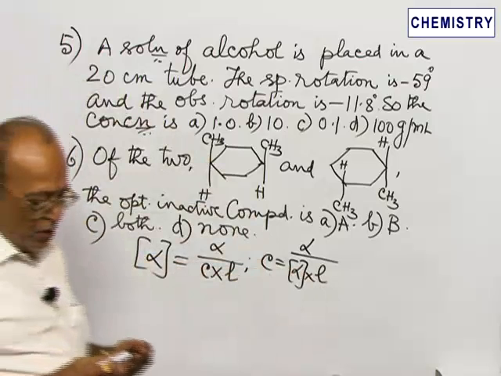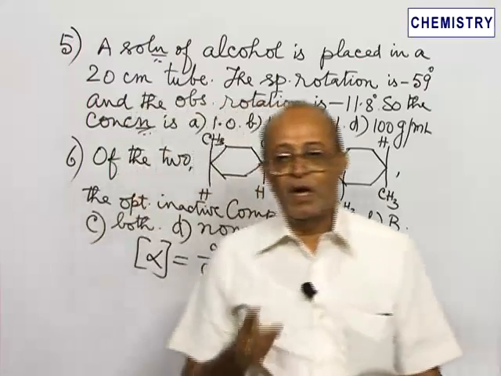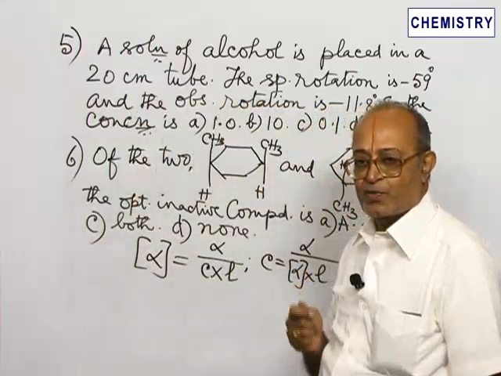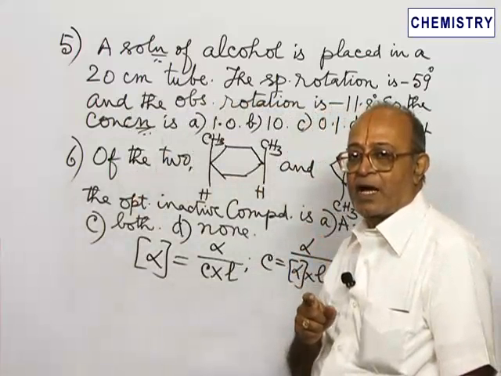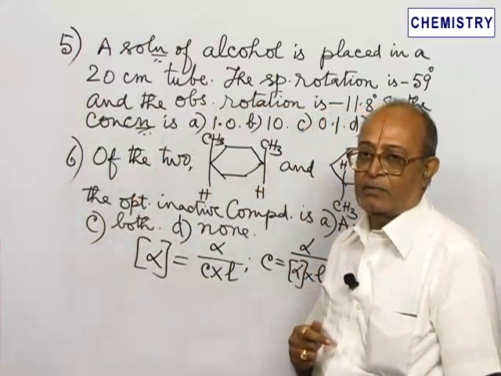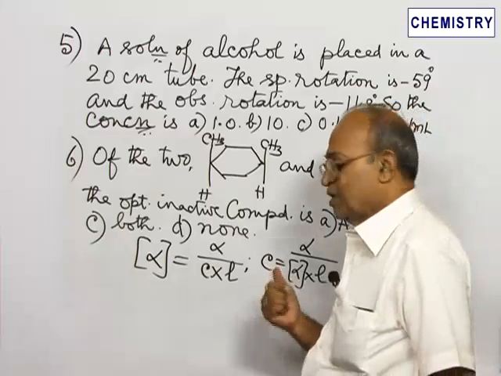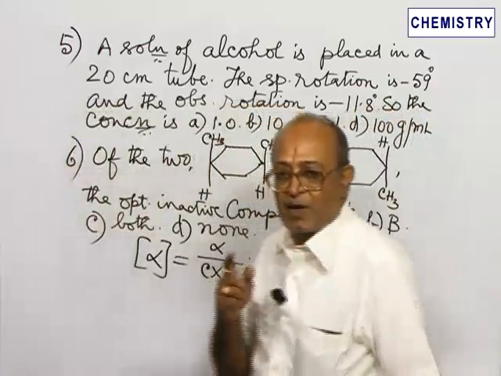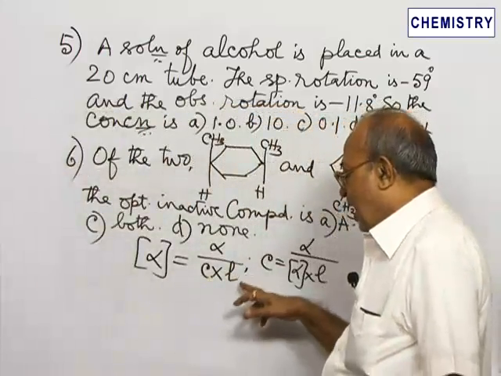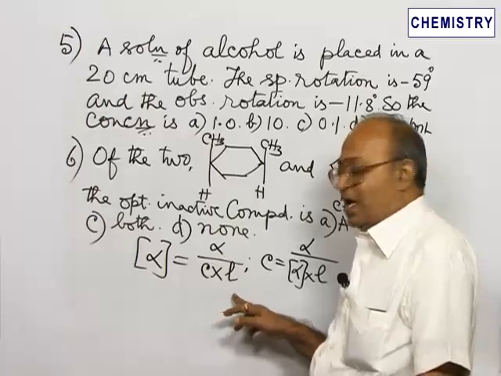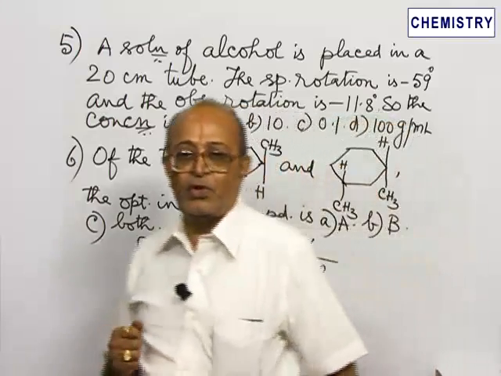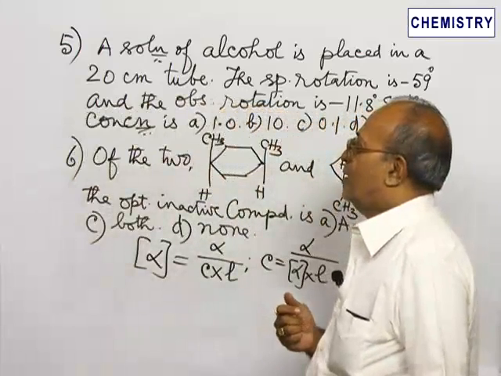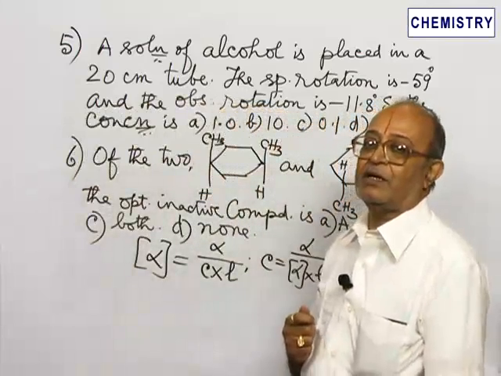But here you should remember 2 points. One is that concentration is always expressed in so many grams per ml. And the second point is that the length of the tube or length of the solution is denoted in decimeter.